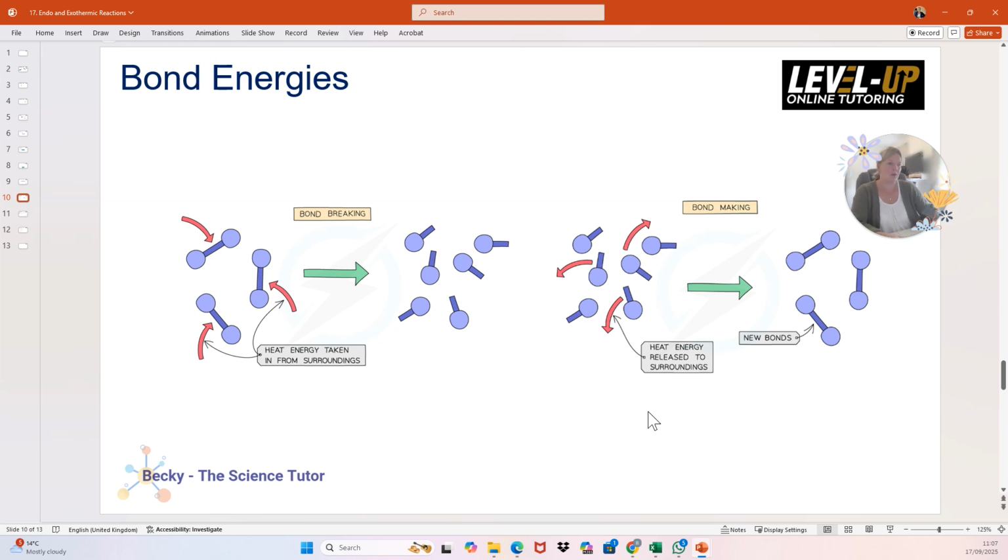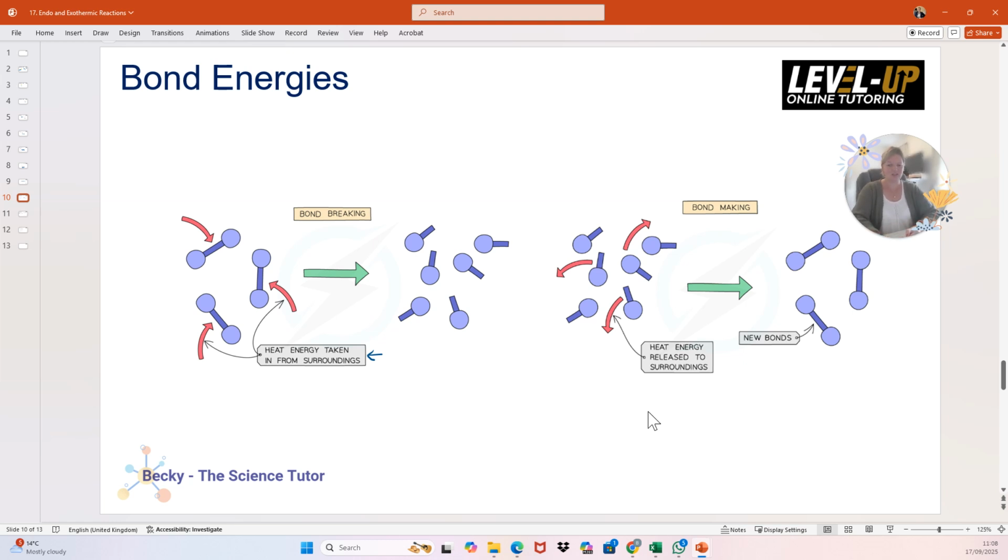Okay, so what we need to remember is that bond breaking takes in energy from the surroundings, whereas our bond making, okay, let's grab something different so you can see we're adding it to something else.